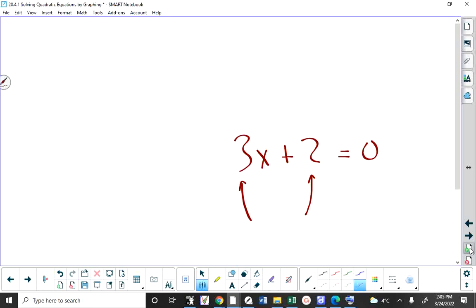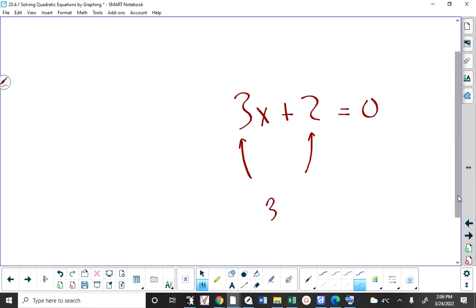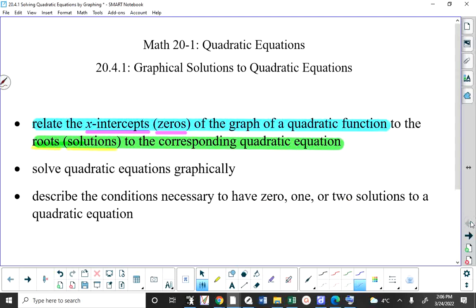In this case, the value of x would be negative 2 over 3, because to solve this, you would subtract 2 from both sides and then divide both sides by 3. So this is linear, this is last year. A linear equation will always have one solution. A quadratic equation might have one solution, it might not have any solutions, or it might have two solutions, two different numbers that make it true. And that's what distinguishes Math 10 from Math 20.